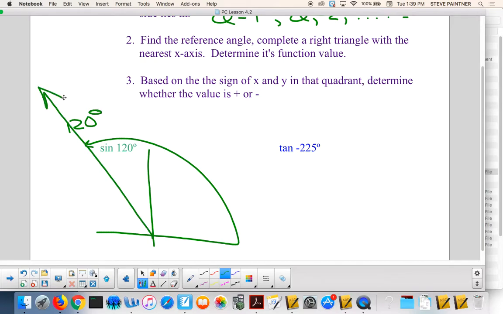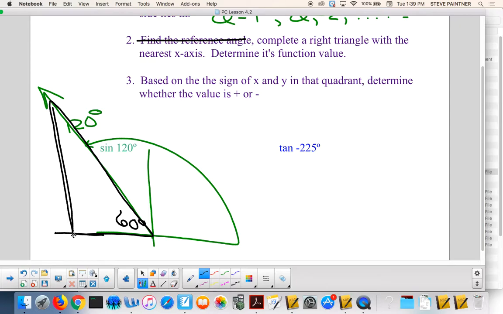Okay. Now step 2 says find the reference angle. What is the reference angle? 60 degrees right there. Good. Step 3: complete a right triangle with the nearest x-axis. Oh, that'd be right here. There's your right triangle right there.